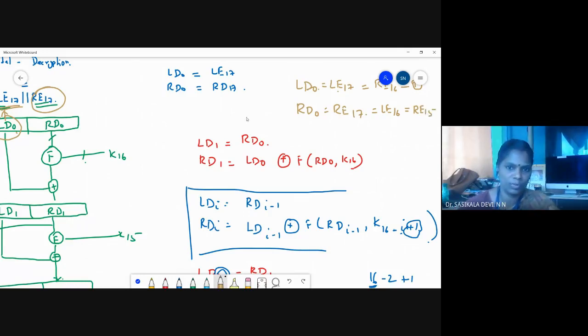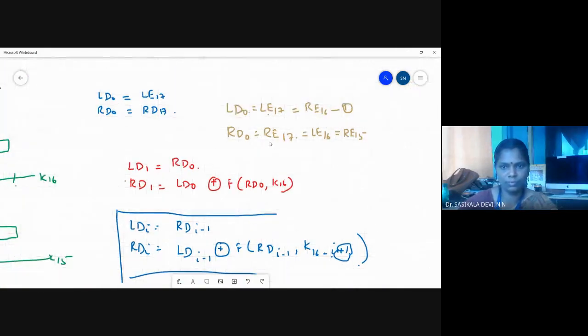Now we got two values here, LD0 and RD0. LD0 is nothing but RE16. So LD0 is RE16 finally, and RD0 is LE50.